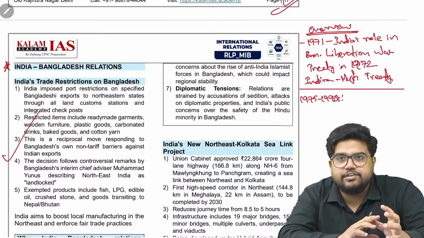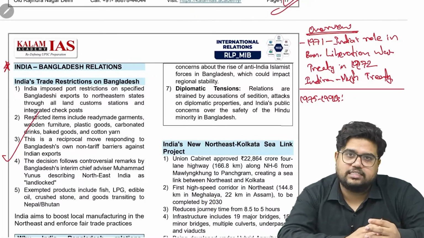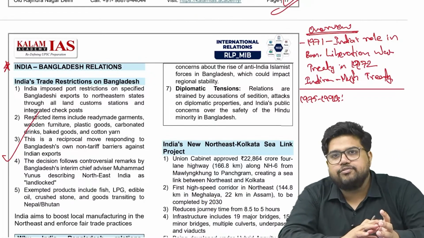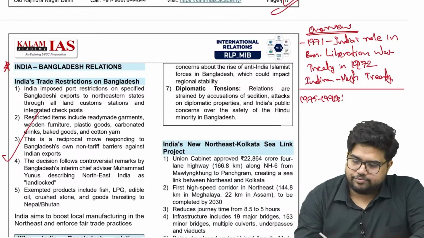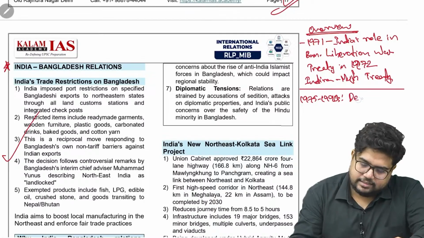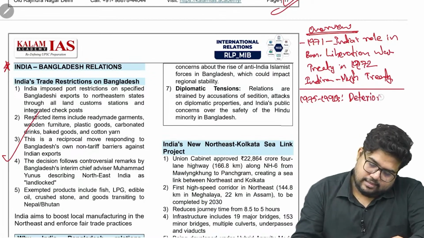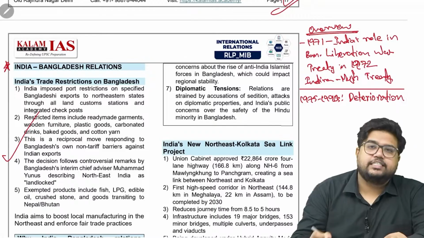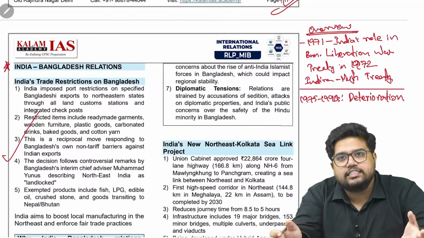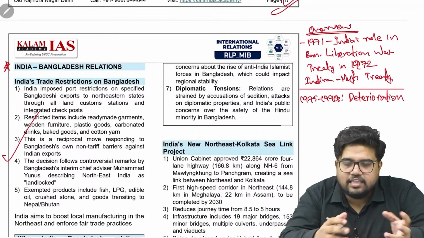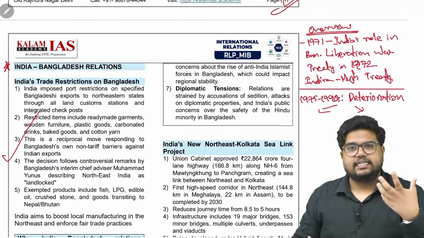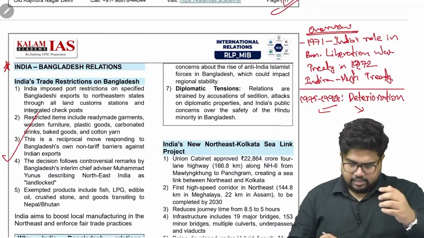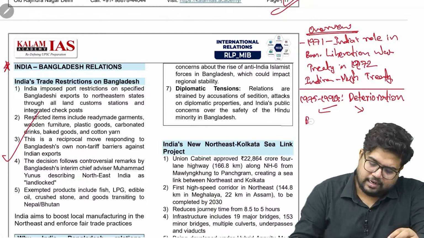Now, all this goodwill, all this great positioning went into turmoil from 1975 to the 1990s. In 1975, Mujib Rahman was assassinated, and another political faction came into power, and this led again to a phase of deterioration between India-Bangladesh relations. Another aspect you can connect with this is the loss of momentum of Bengali nationalism.